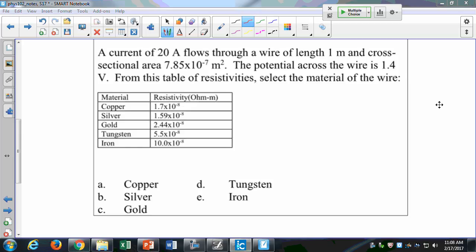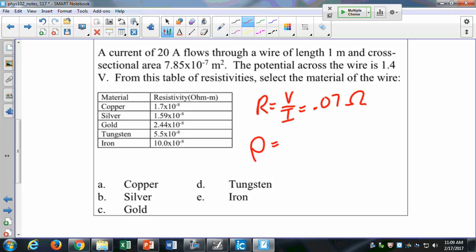Let's take a look. The way we do this is we first find the resistance. That's V over I from Ohm's law. With those values, I get 0.07 ohms, which seems really small, right? But it's a wire. A wire has a very small resistance because it doesn't really resist the flow of electricity. Then I want to know the resistivity, which is R A over L. I just took R equals rho L over A and solved for resistivity.